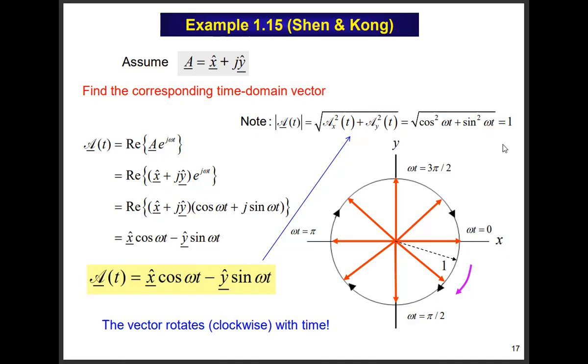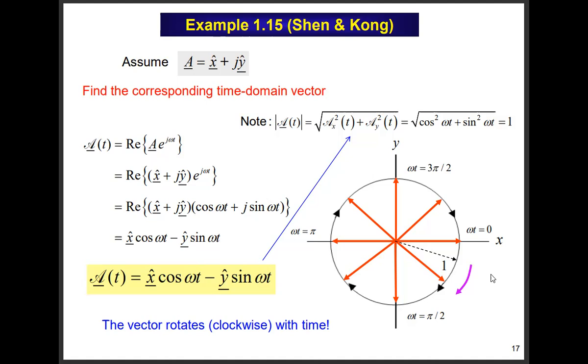And it's because of this j here. Notice that as a function of time, the magnitude does not change. It's 1. So if you graphically draw the vector A, the red arrow here, it's always going to be a vector that points out to unit 1 magnitude. So the tip of it's always going to stay on a circle of radius 1, right?